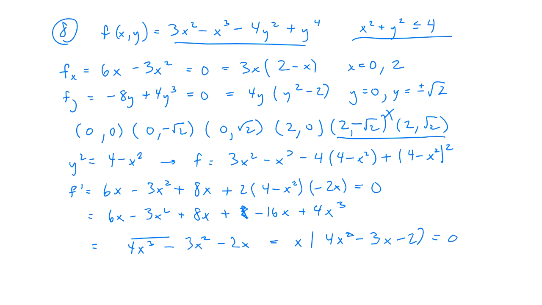So x is equal to 0, which gives us the points 0, 2, and 0, negative 2, of which we already had. No, we didn't have either one. And then the other one you said is, so it's this 3 plus or minus plus.